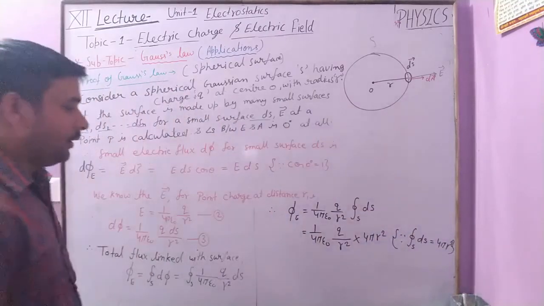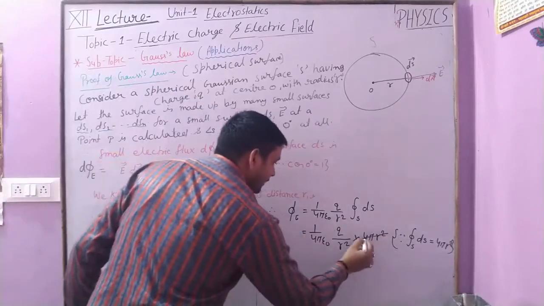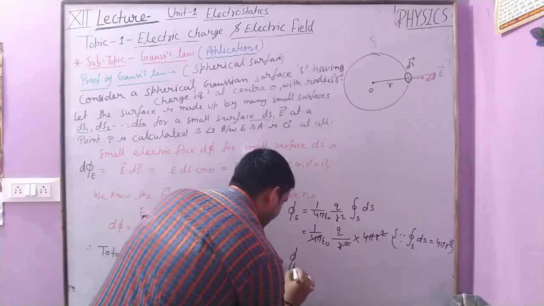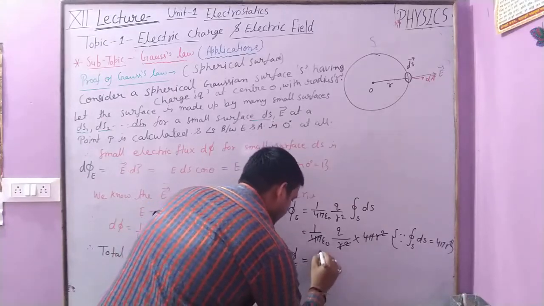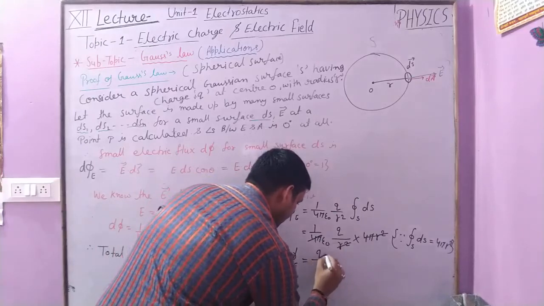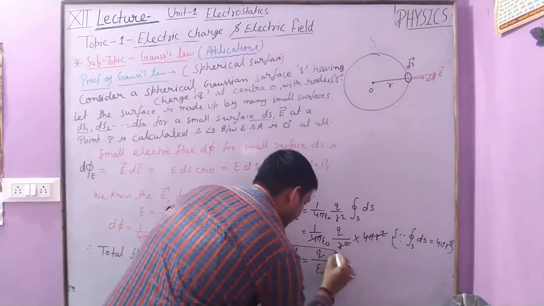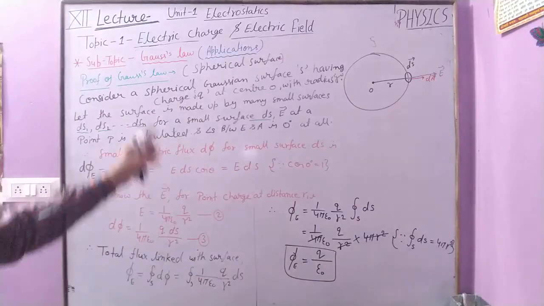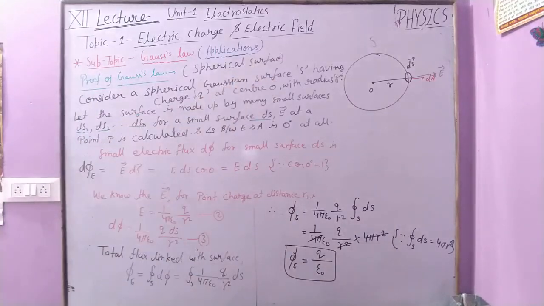Clear? Then you easily cancel out this and get the result for the flux is q upon epsilon naught. This is the second way to prove Gauss's law for a spherical surface. Okay. Thank you.